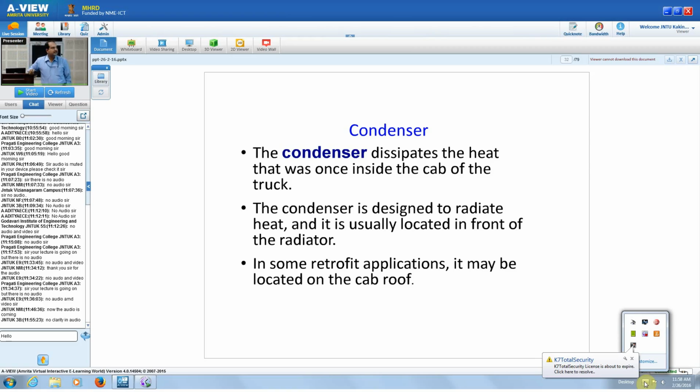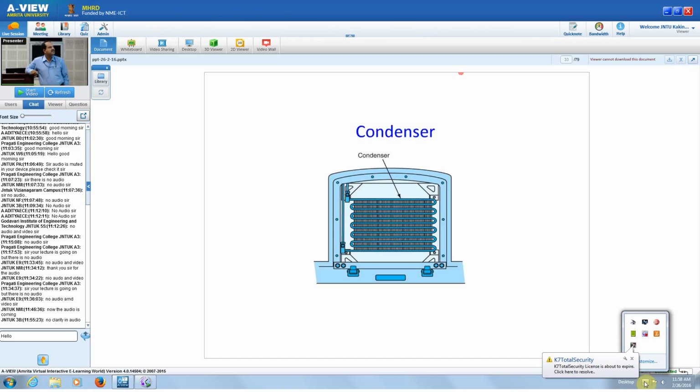You can see that. Next step. This is just like an engine, these are the radiators. Heavy vehicles will have a radiator. And these tubes are the condenser tubes. Okay? Next.